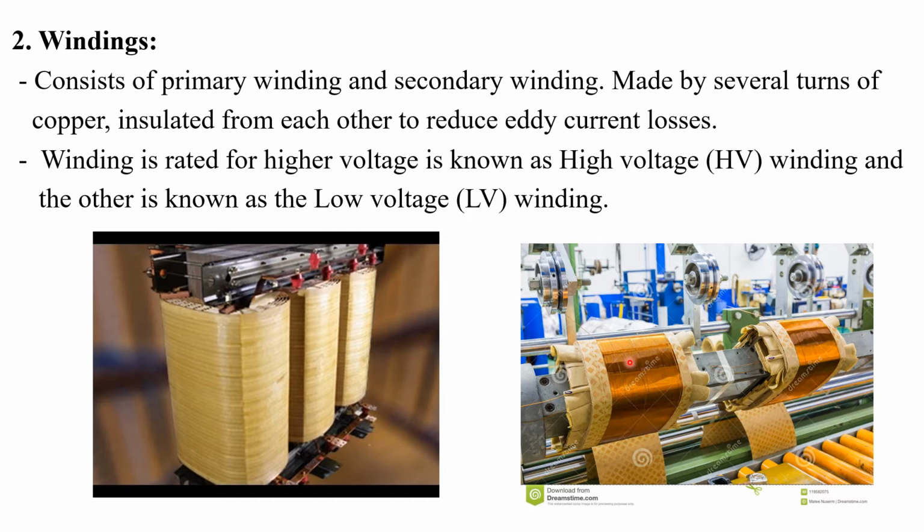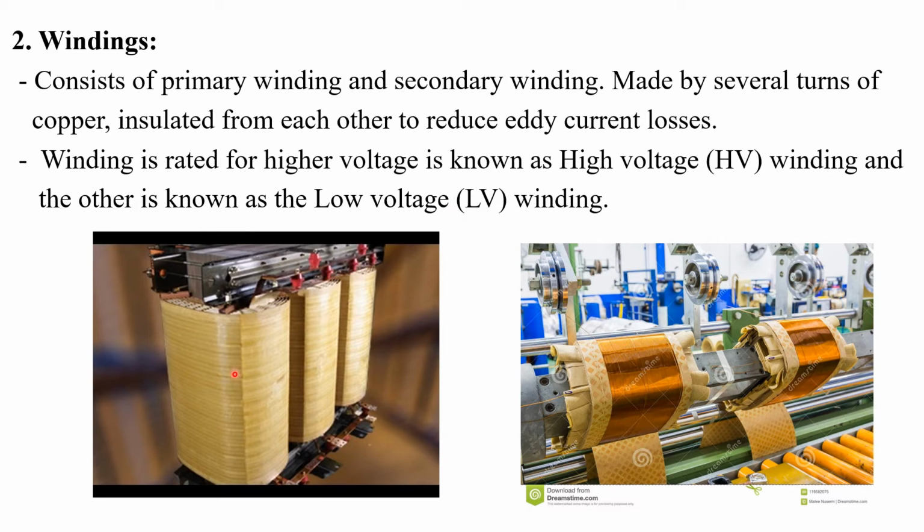If the high voltage winding is on the secondary side and the low voltage winding is at the primary side, then such a transformer is a step up transformer, because high voltage is provided at the secondary. That means it ups the voltage.